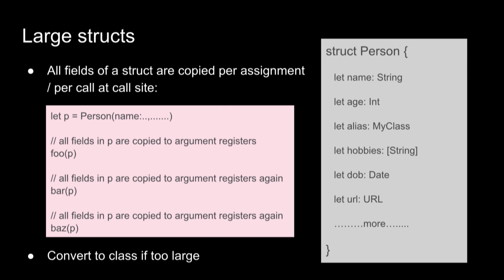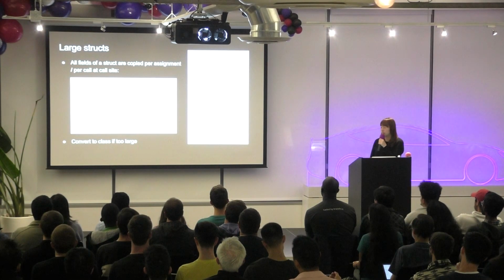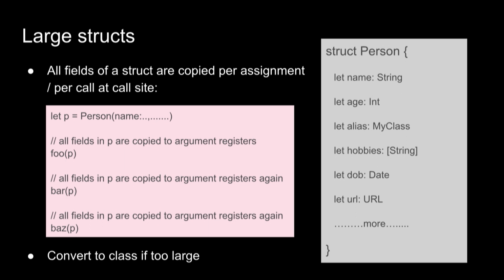Next, large structs. Structs are copied around a lot. They are copied per assignment and per function call. If you have a function with a struct argument, all the fields in the struct argument are copied per call at the call site. On the right, we have a large struct called person with lots of fields.